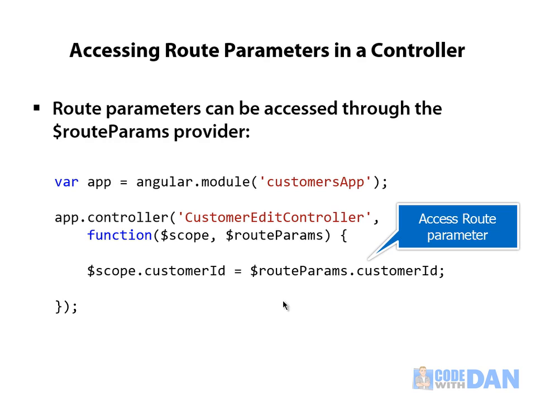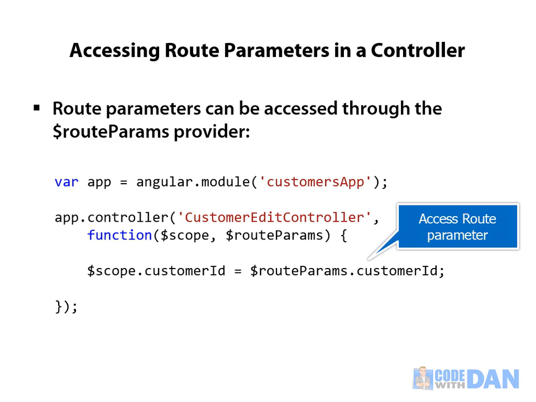If I want to get to the parameter which was defined earlier, I can simply inject in routeParams. And then from routeParams, we can call directly into the particular parameter that we want to access. In this case, we're going to grab the customer ID off of the route, which would be the 254 that you saw, and assign that to the scope's customerID, because maybe we're going to bind that into the view.